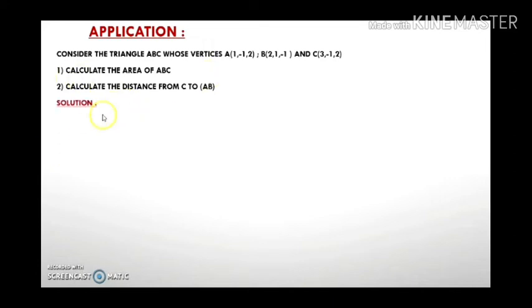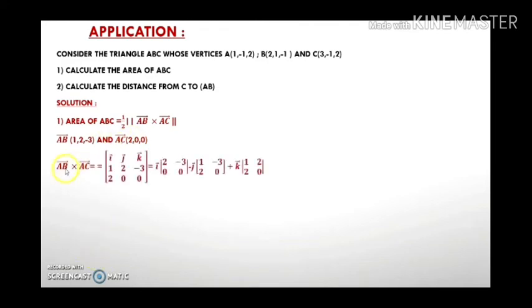Solution. The area of triangle ABC is equal to half of the norm of the cross product between the two vectors AB and AC. First, find the coordinates of AB and AC, and calculate the cross product of the vectors AB and AC.